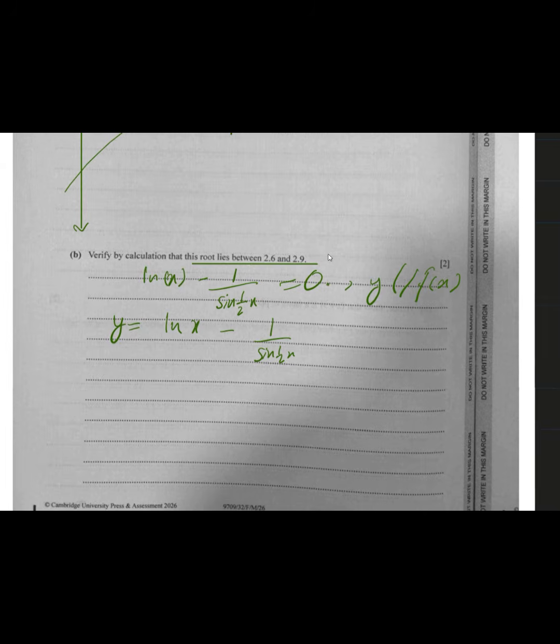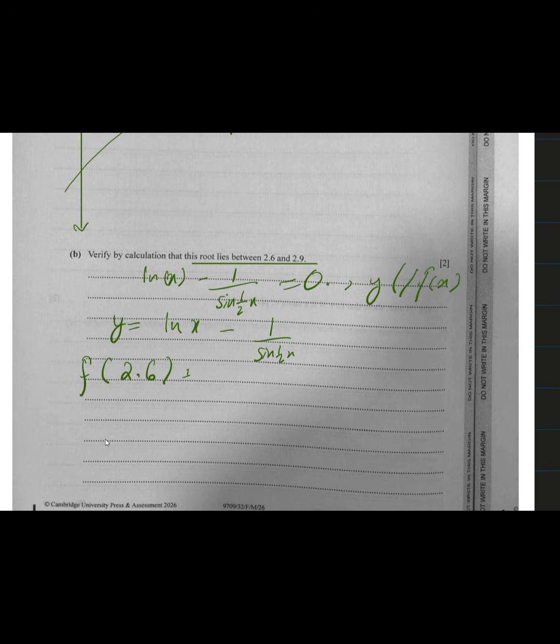And then for root change, we can calculate f of 2.6 and f of 2.9. f of 2.6 will be minus 0.08, and f of 2.9 would be around 0.057.